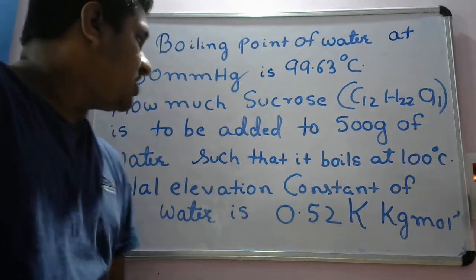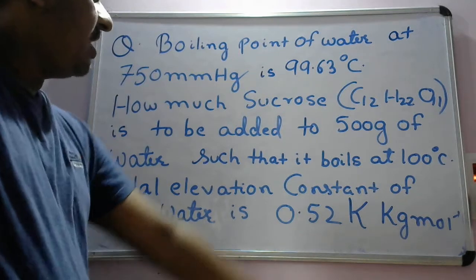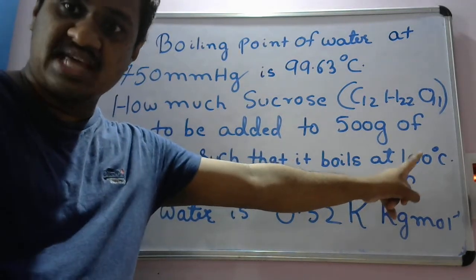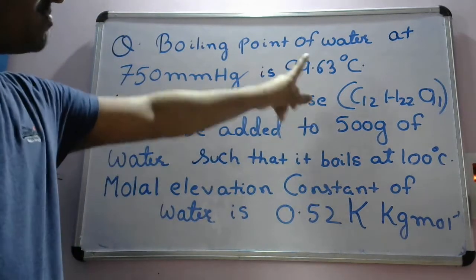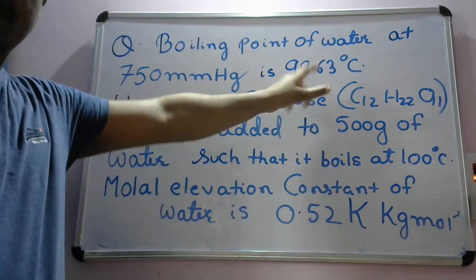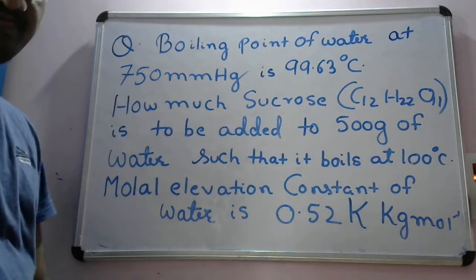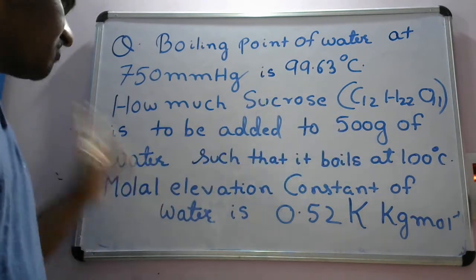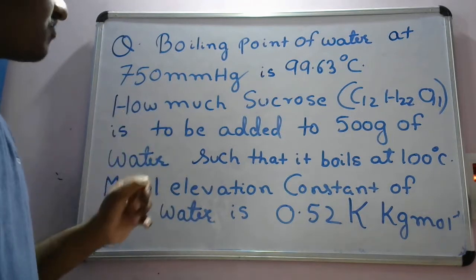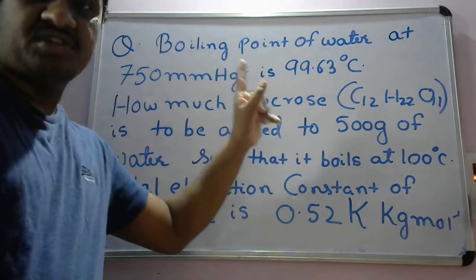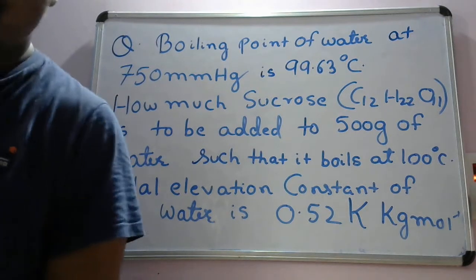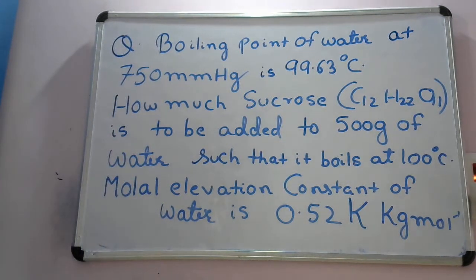So what is given to us is the boiling point of the solution when solute is added to it, the boiling point of the pure solvent, that is water, and the mass of water. We have to find the mass of solute, that is sucrose. So first of all, note down the question by pausing the video, then we can start solving.